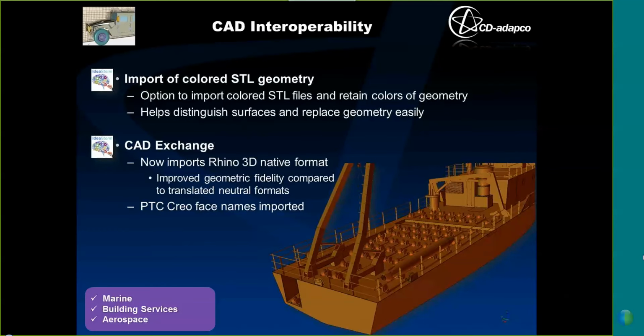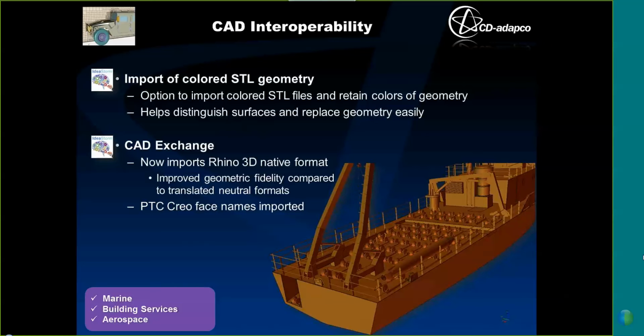We've improved our CAD interoperability, and I want to point out those IdeaStorm icons you can see on the left. So the first improvement is to import colored STL geometry. This option allows you to retain the colors of geometry created in CAD and helps you to distinguish your surfaces and also to replace your geometry more easily.